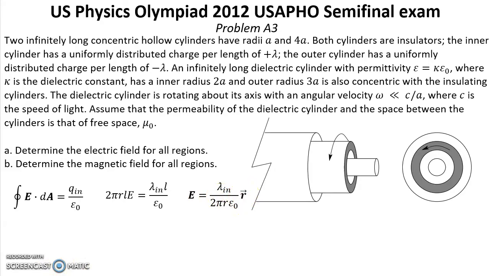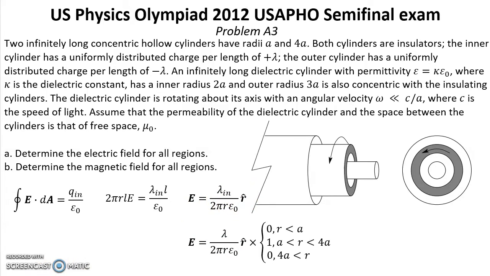And now we can write the solution for the applied electric field in this form, because for radius less than a, the linear charge equals 0. For radius between a and 4a, the linear charge is lambda, and for radius greater than 4a, the linear charge again cancels and equals 0.